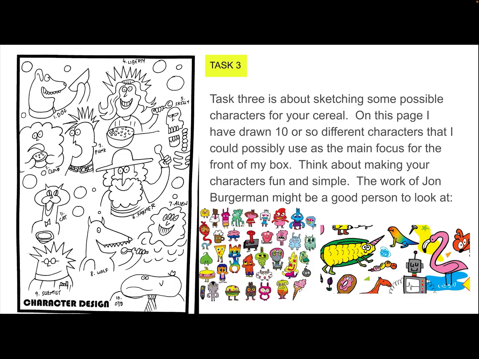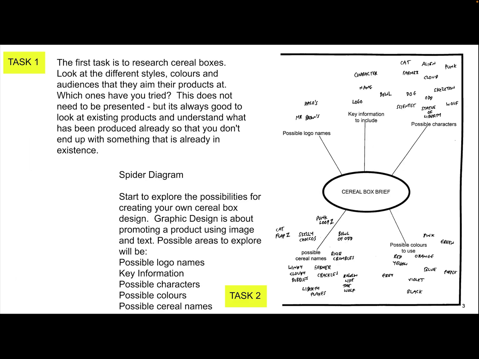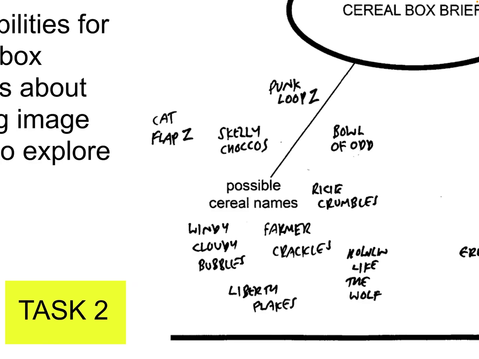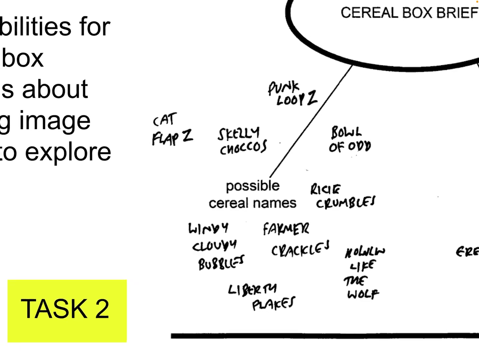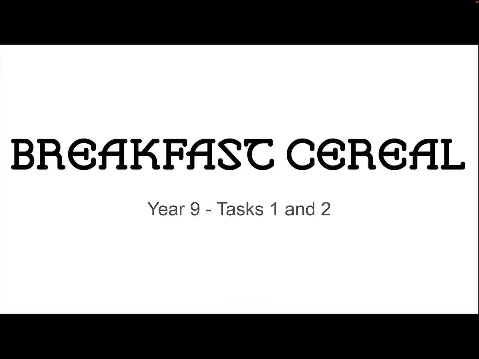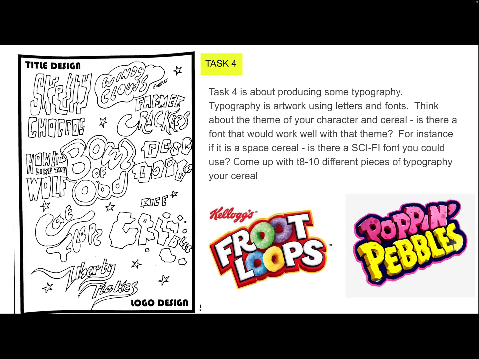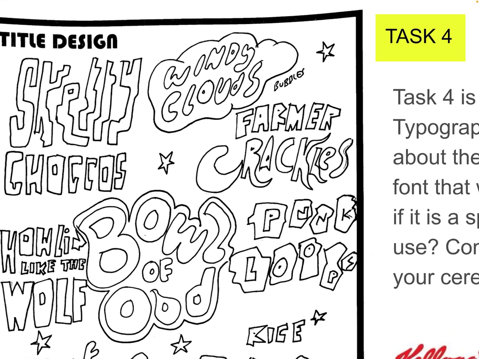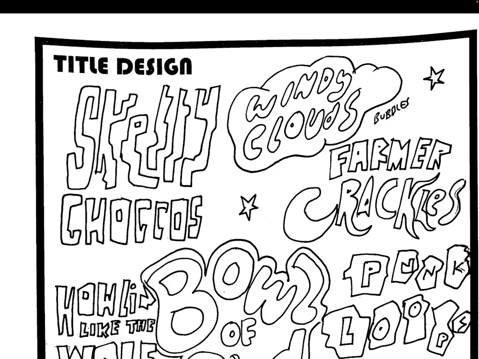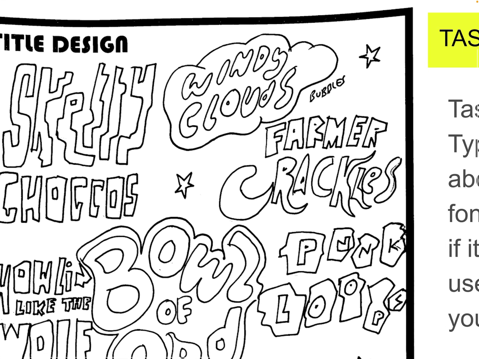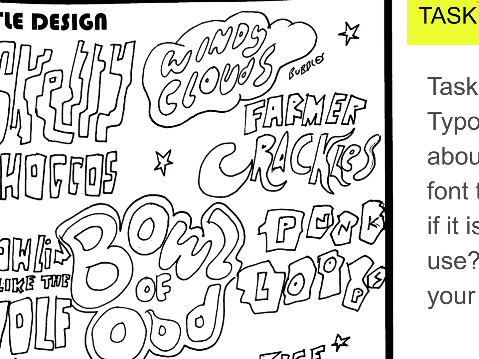So I've now gone back to my spider diagram. I've looked at my possible cereal box names, and I've started to add them into my design. So I've gone for Skelly Chocos, using sort of a bone element going around. Windy Bubbles inside a cloud. Farmer Crackles.